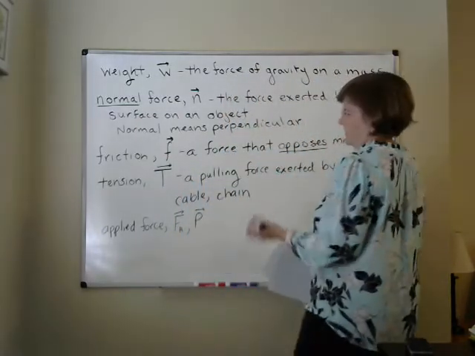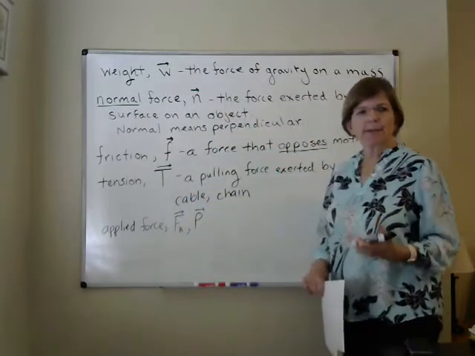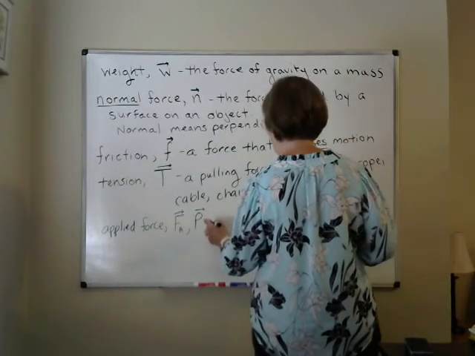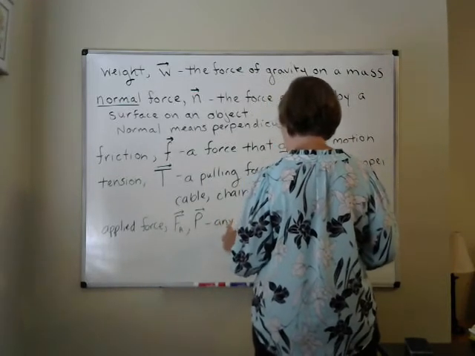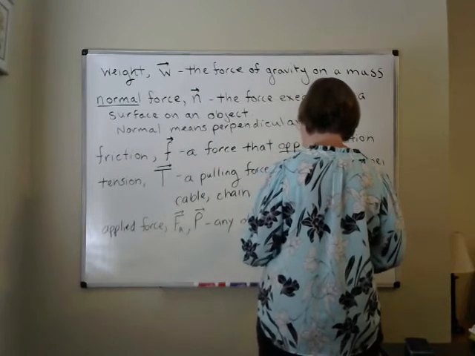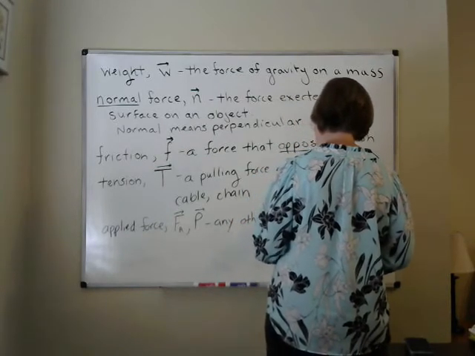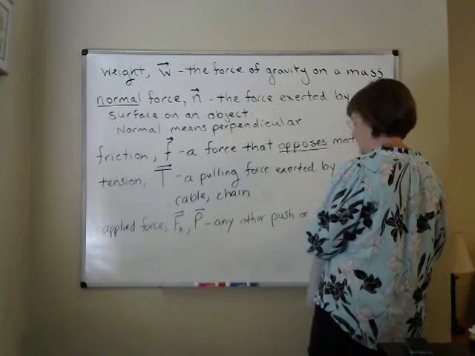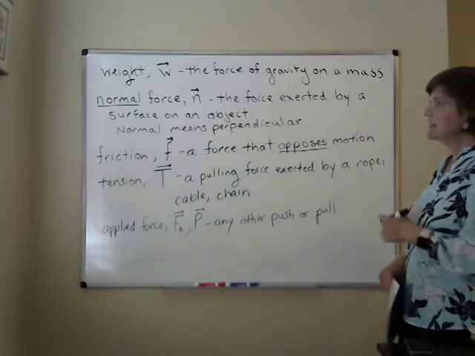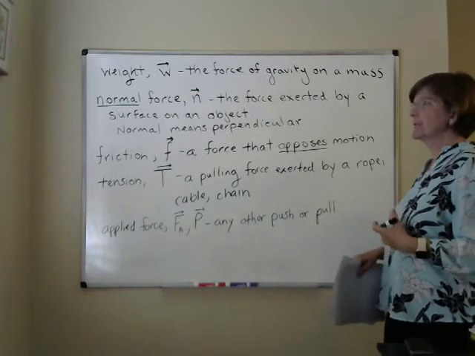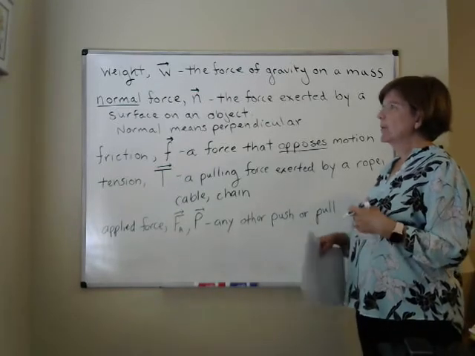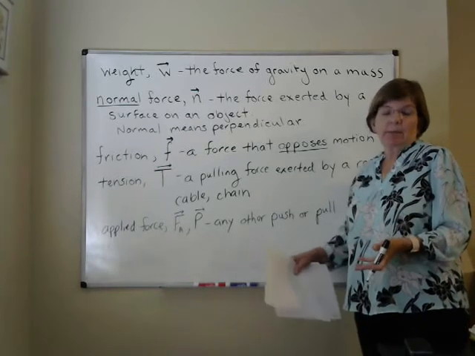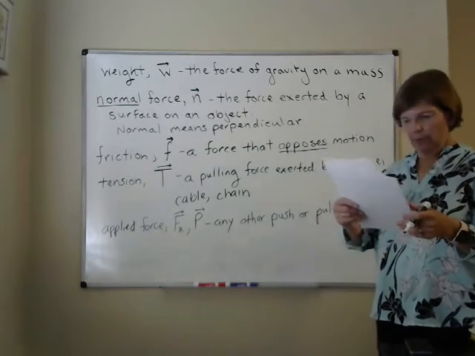And that's basically any other push or pull. So all we've done so far is really just name some of the more common forces that are going to show up in our problems: weight, normal force, friction, tension, an applied force or a push or a pull.